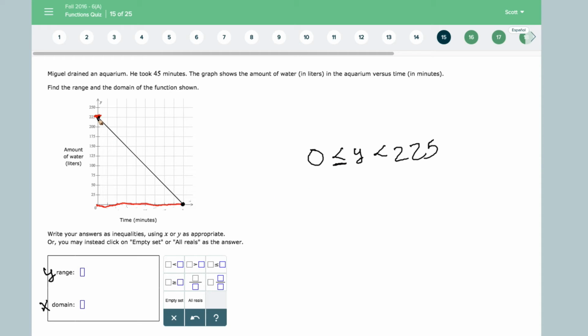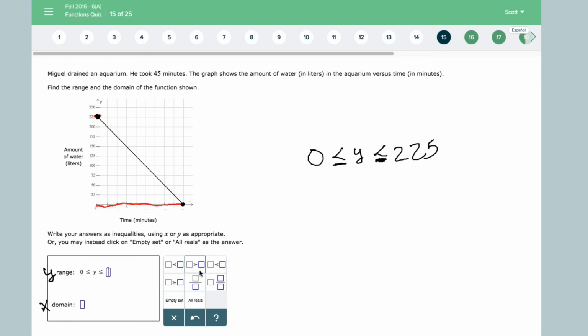And is this a filled in circle right here? Yes it is. So I'm going to put that right there. So that's what I need to type in here. Okay, so I have the 0. Then I have less than or equal to. I have y, less than or equal to. And I have, oh, we don't want a capital Y.